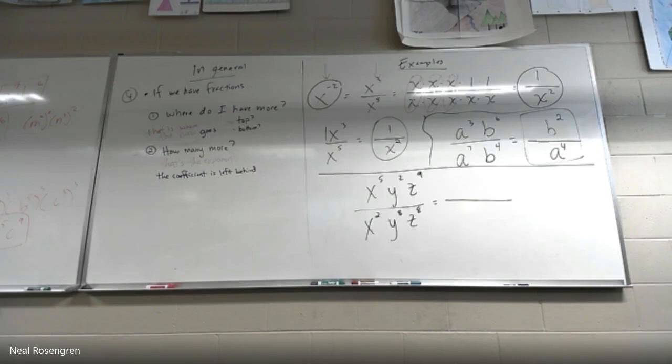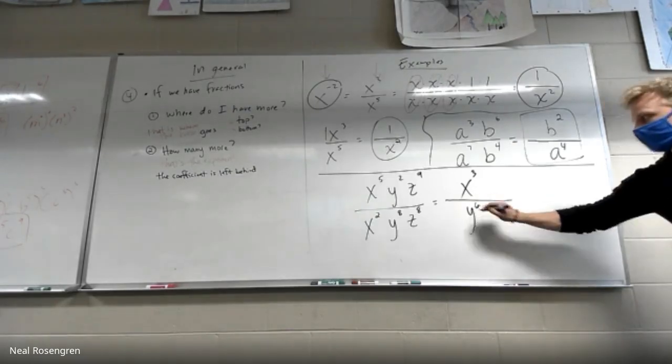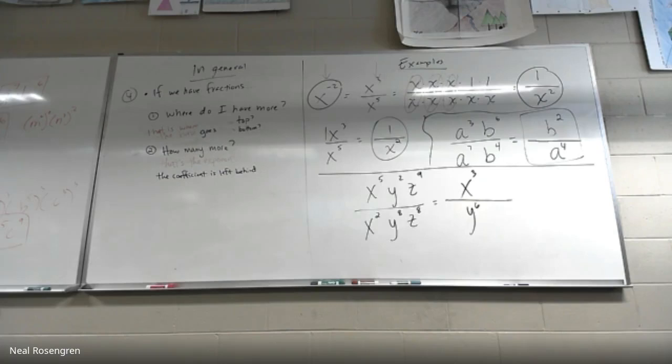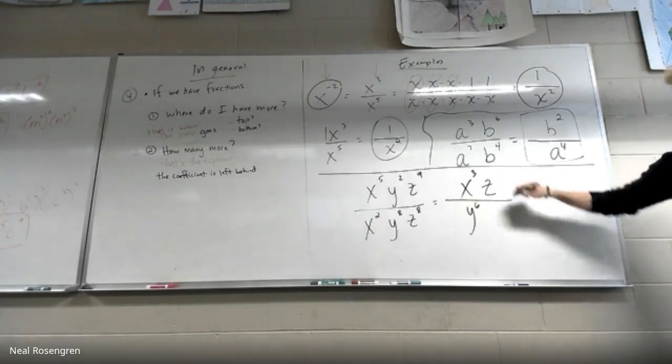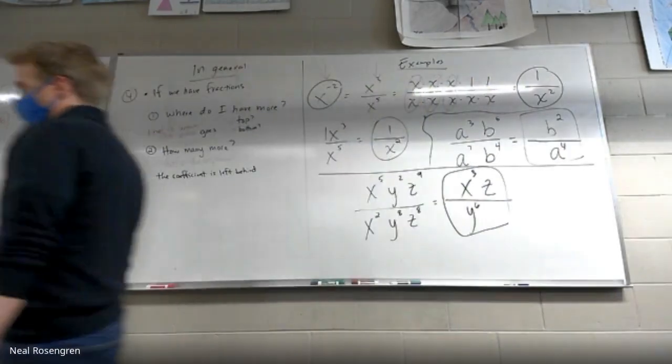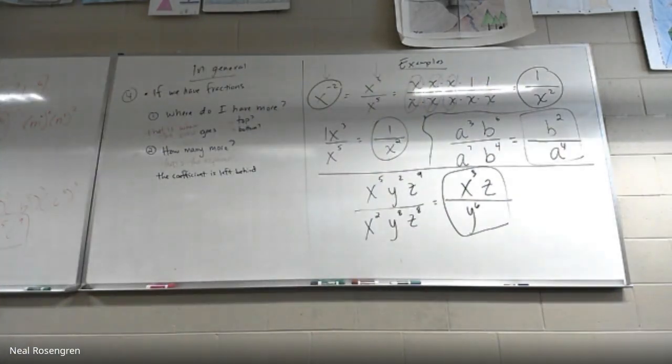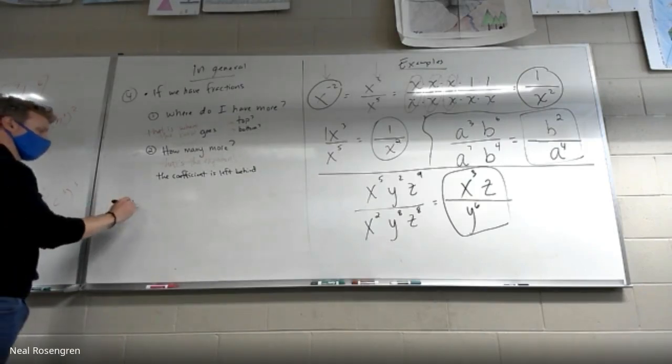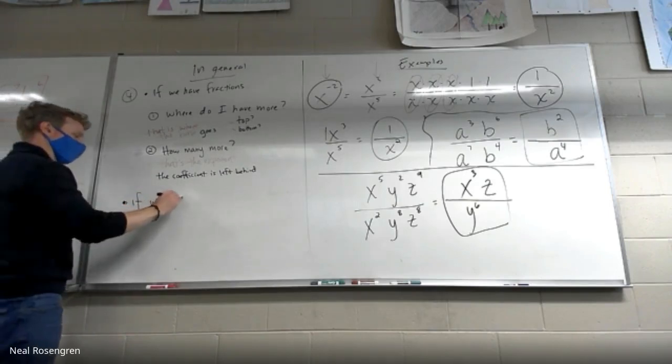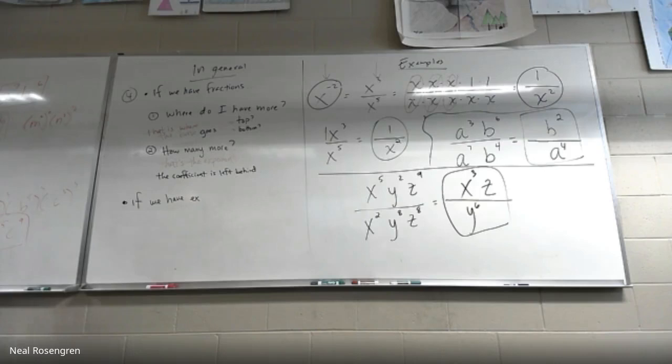Where do you have more? How many more? X's are done. What about your y's? How many? What about your z's? How many? Do I need it? Done. No, because you have one letter of each with one exponent. And that's always the simplest version. I want no parentheses. I just want one of each.